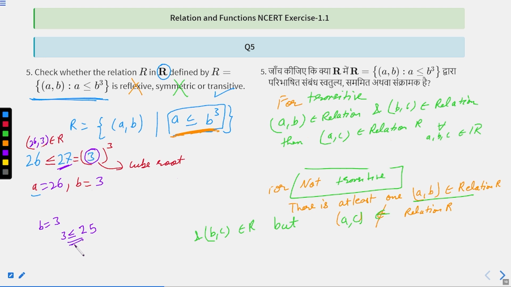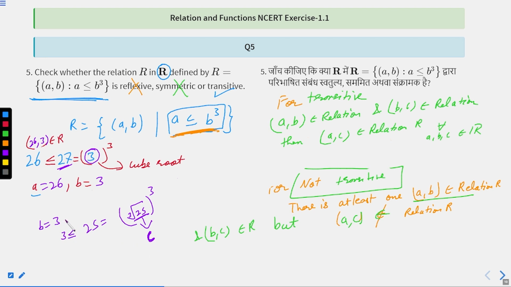Yes, the number 25. Then the cube root of 25 will be my c.